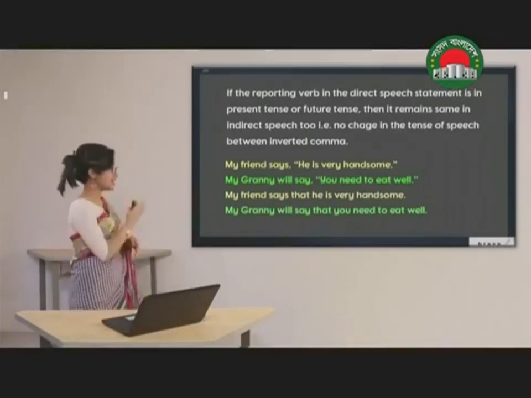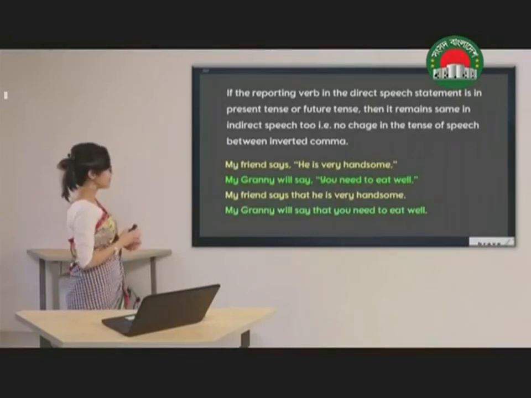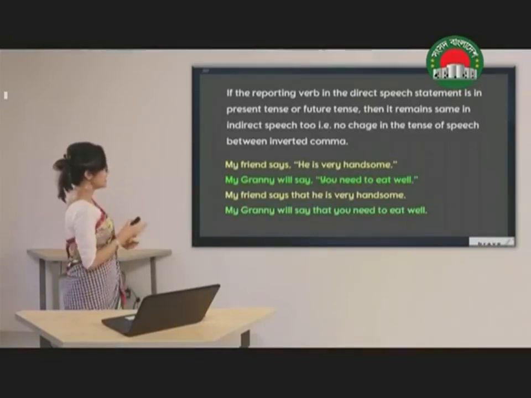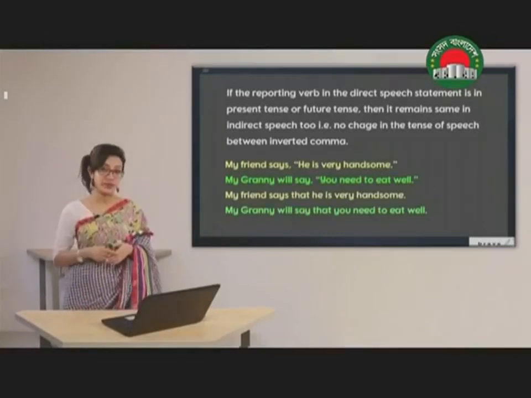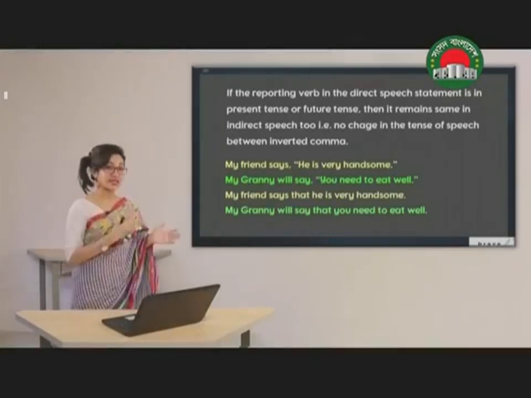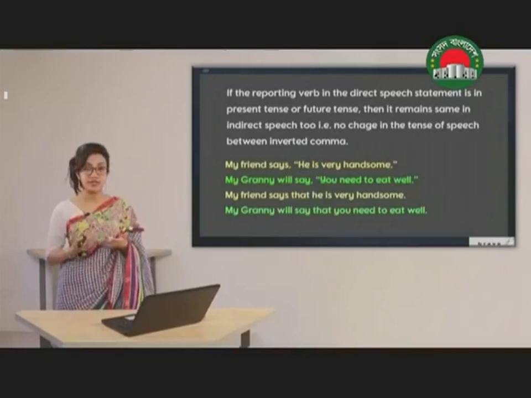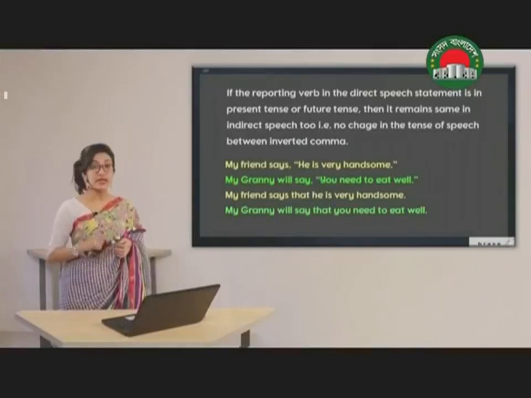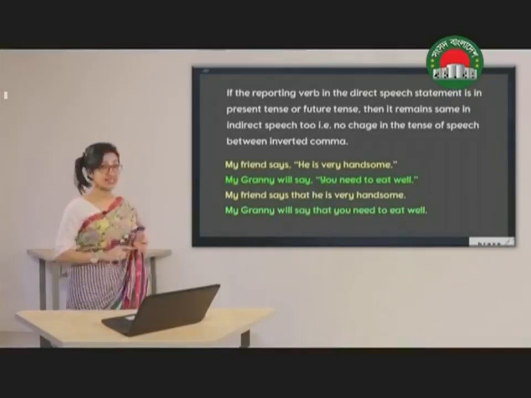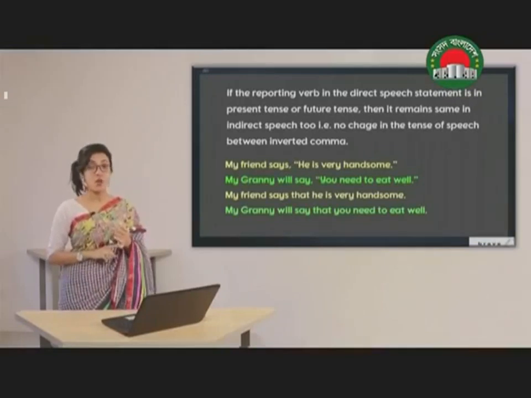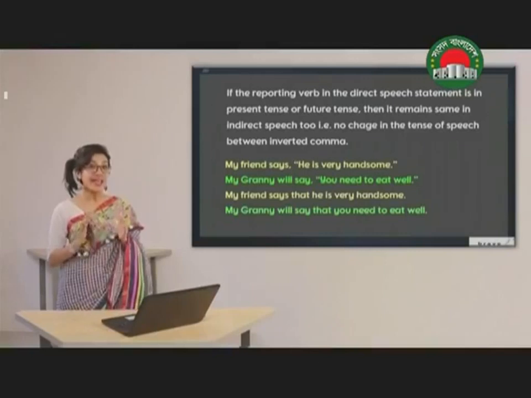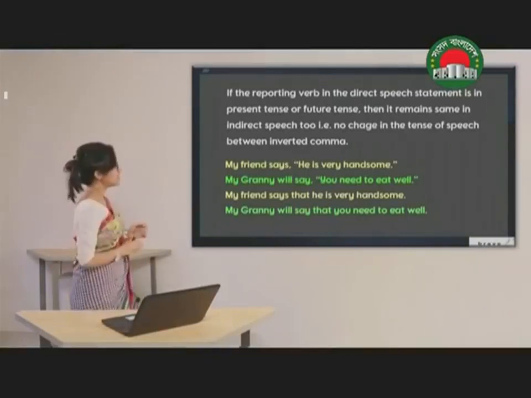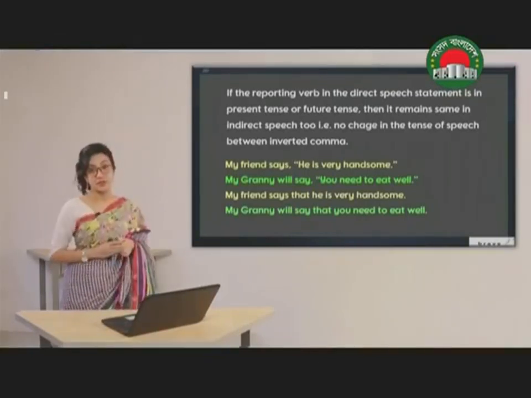As you can see in the example, "My friend says, he is very handsome." Says is the reporting verb here, and it's in present simple tense. What you have to remember is if the reporting verb is in present tense or future tense, then there is not going to be any change in the tense of the reported speech.